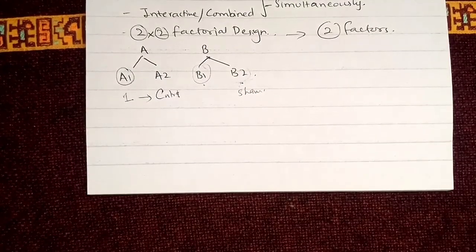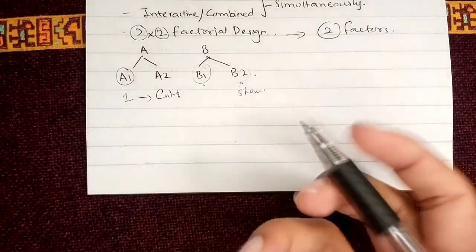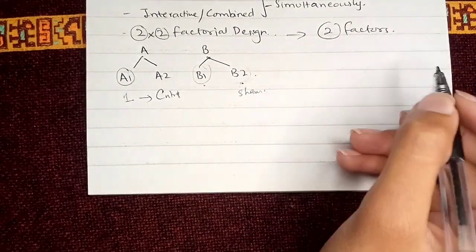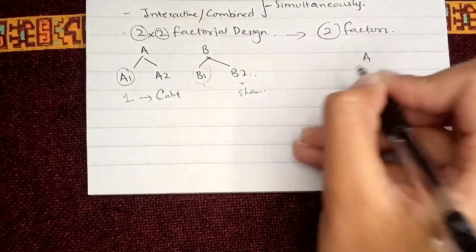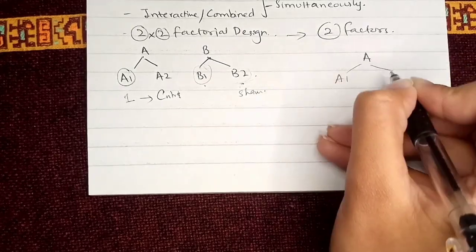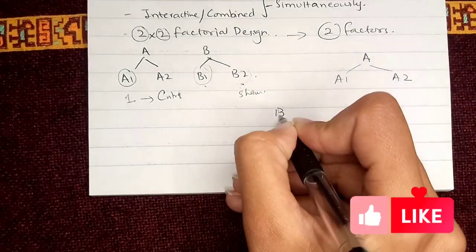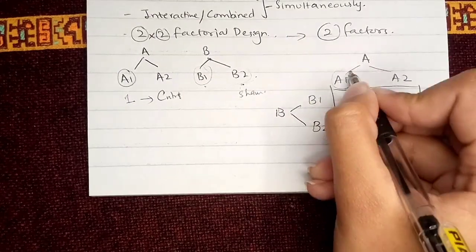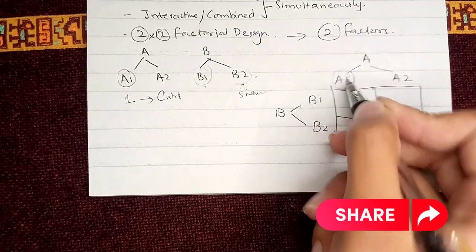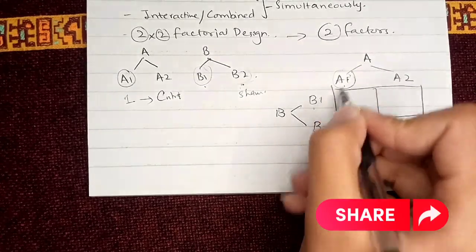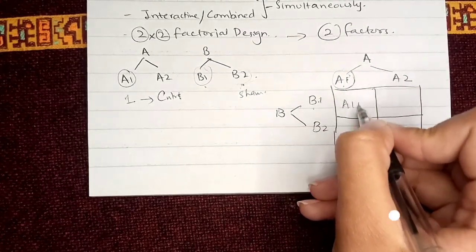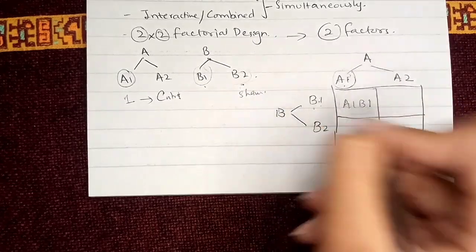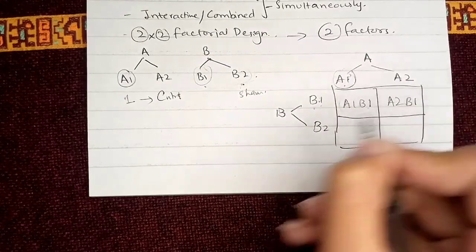Now, to count the number of groups available when you are doing such a study with two factors, you have to make a cross. If it's A and you are dividing it into A1 and A2, then you take the B here, and the subtypes of B are written here. You just have to multiply the things present here and here. So A1 into B1 makes A1 B1, and this is going to be our first group. Then A2 with B1 makes our second group.